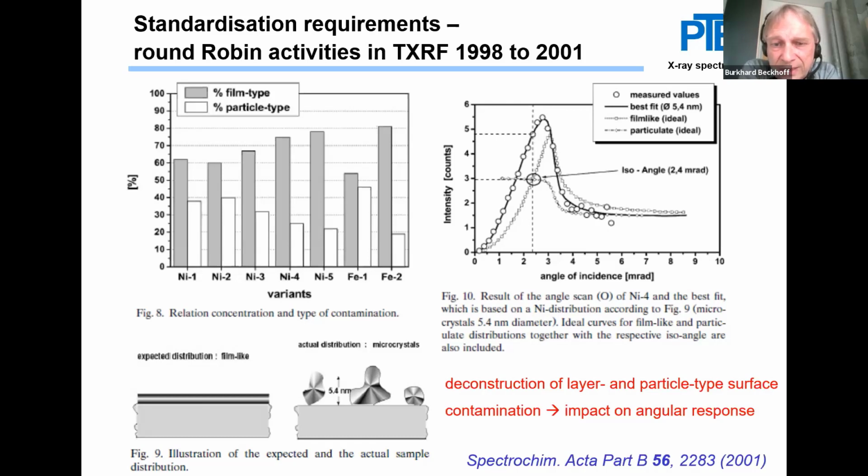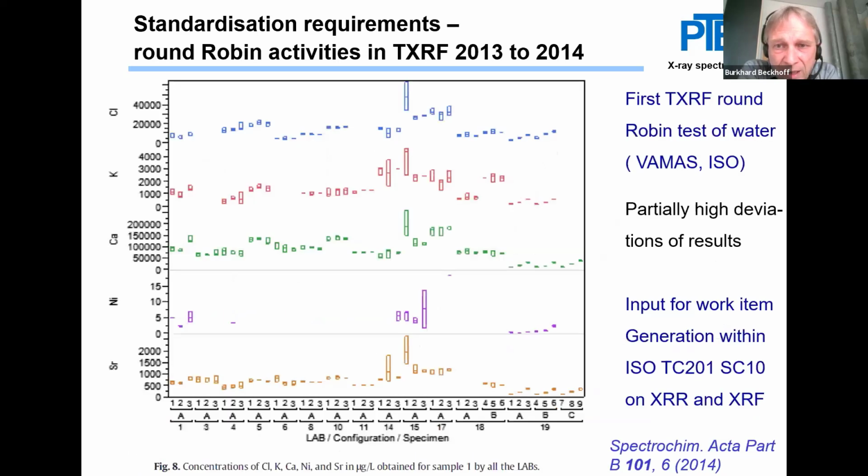So one has to deconstruct layer and particle type surface contamination, which has been addressed 20 years ago in this round-robin activity. Then there were, which is very valuable, other more recent TXRF round-robin activities related, if I recall this correctly, to WAMAS, which is a pre-normative organization, to ISO.